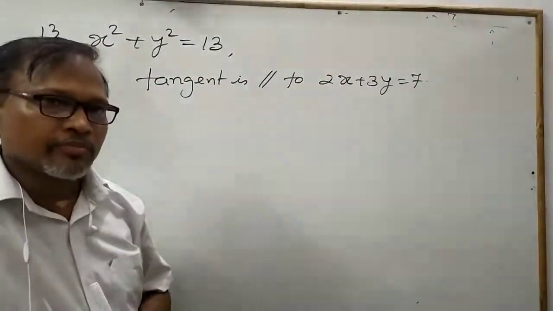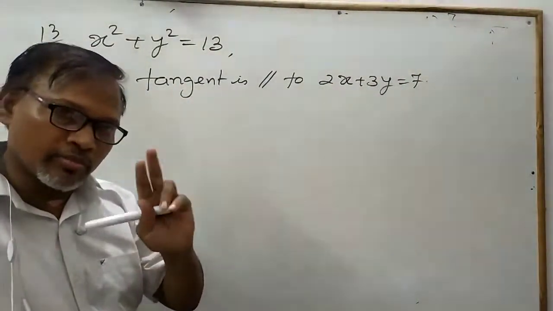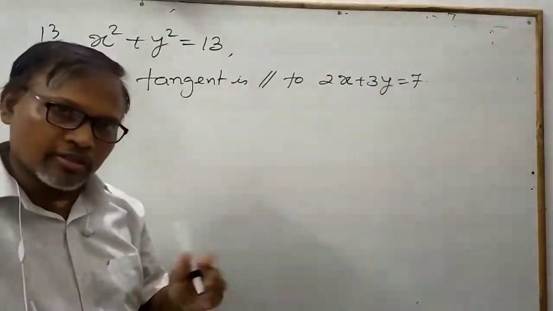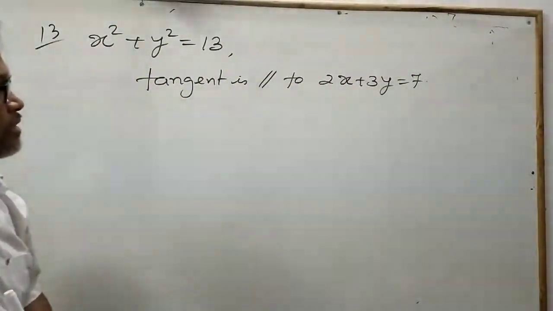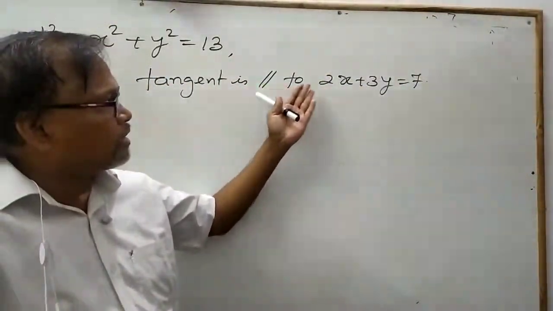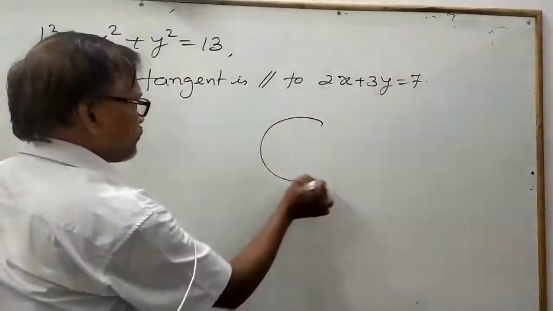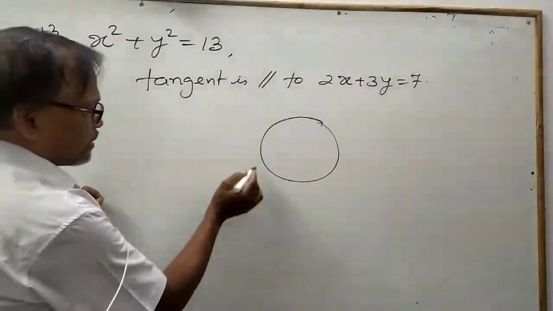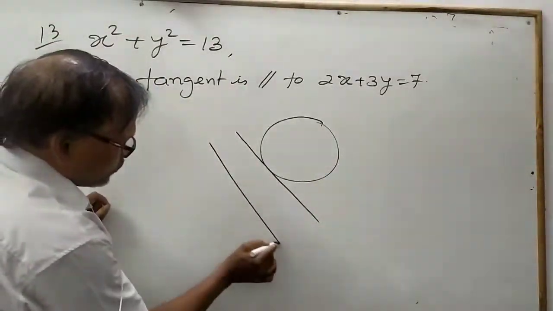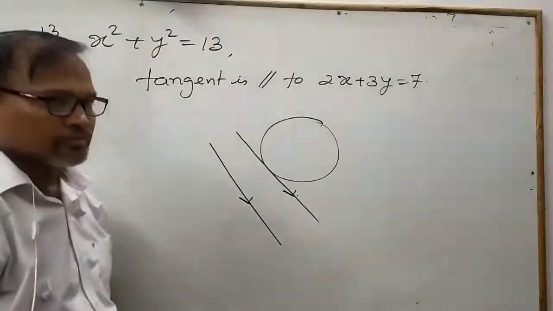At most only 2 tangents, means maximum 2 tangents you can draw from outside, otherwise from inside none. And this tangent, each one of them, is parallel to the line 2x plus 3y is equal to 7. If we make the one curve, that is a circle, and this is the tangent, this tangent is parallel to this line, that is what is being said.